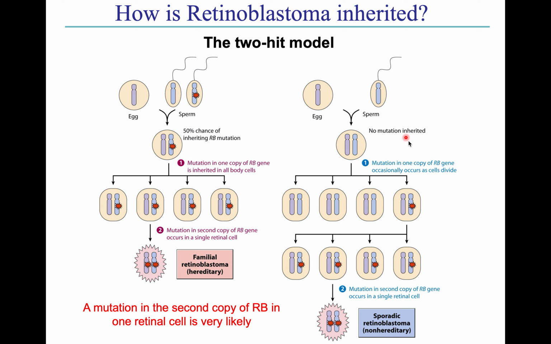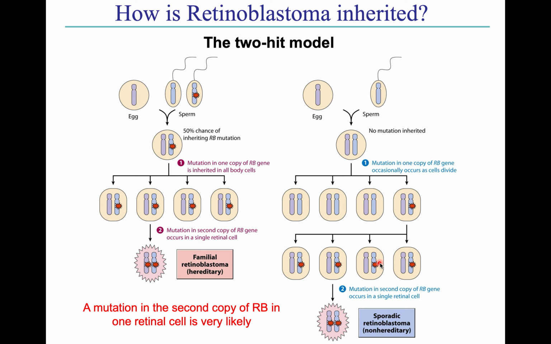Now, this would be in contrast to sporadic retinoblastoma, where you don't inherit any mutations, right? So every cell initially is normal, two functional copies of retinoblastoma. At some point, maybe you pick up a mutation in one copy, and then it would require a second mutation in one of those already mutated cells in order for the cancer to develop.